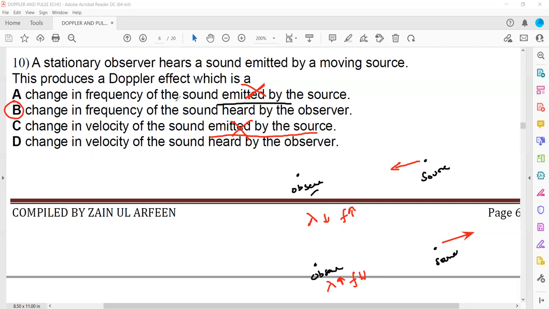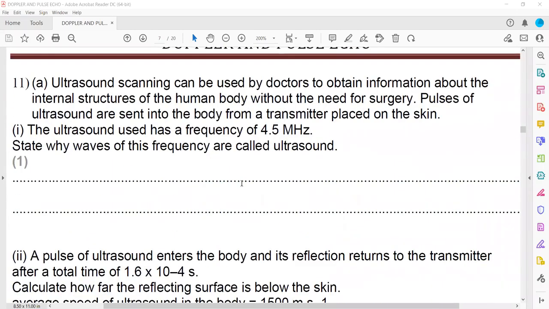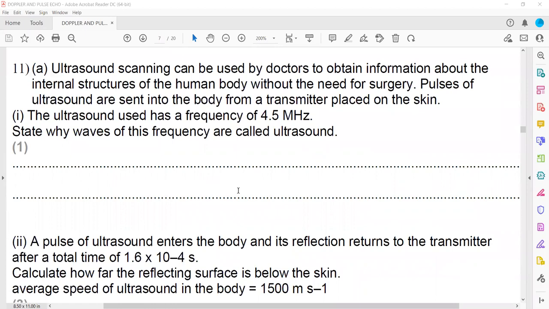Is it clear, question 10, that there is a change in frequency of a sound heard by the observer? The Doppler effect states there is a change in frequency or wavelength due to relative motion of source or observer.